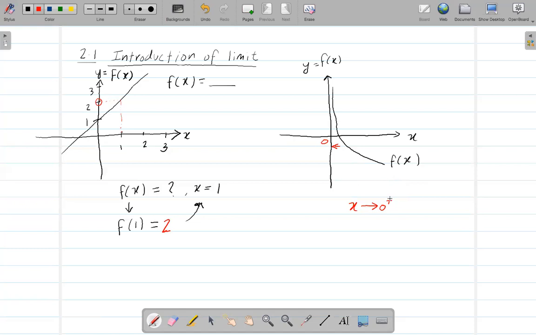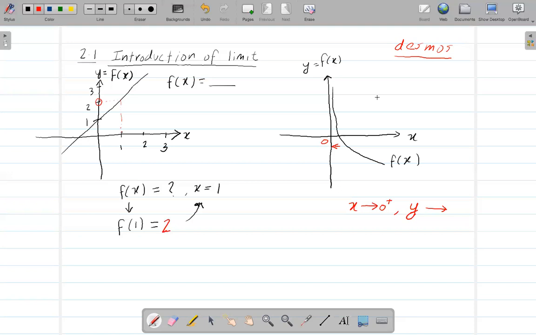In this case, when x is approaching from the right, then y or f of x approaches the y-axis. This line is never going to touch the y-axis, but it is going to approach it. If you zoom in, there is a program called Desmos.